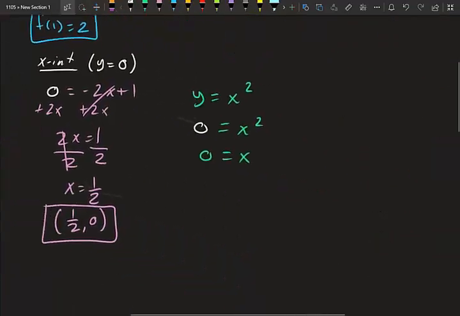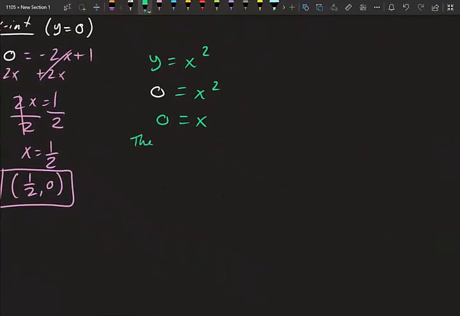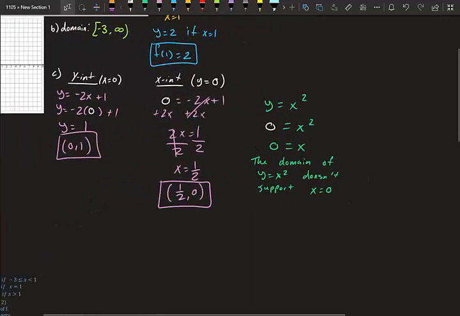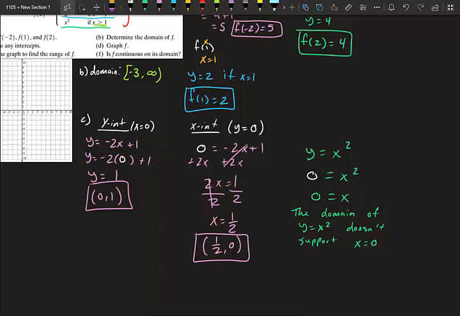So the domain doesn't support it. So the domain of y equals x squared doesn't support x equals 0, so we leave that alone. It's nothing to us. We just tried it. It didn't work. Oh well, that happens, right?